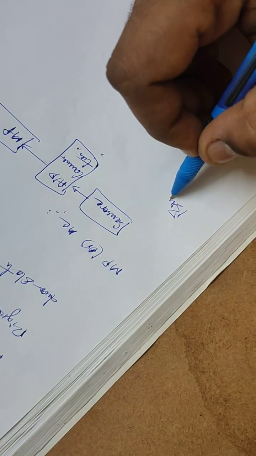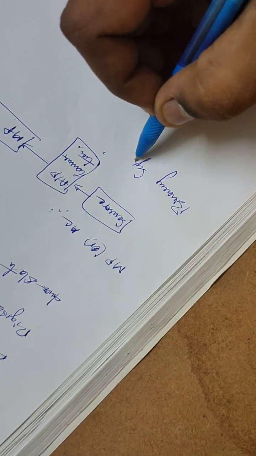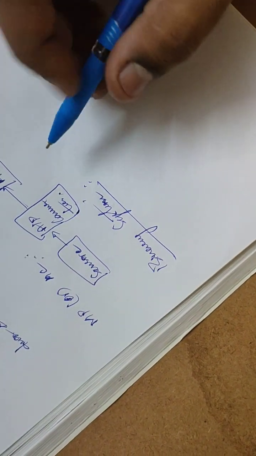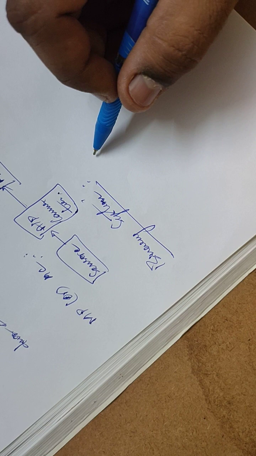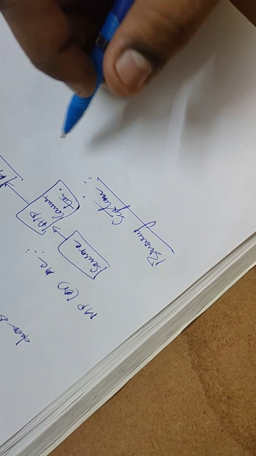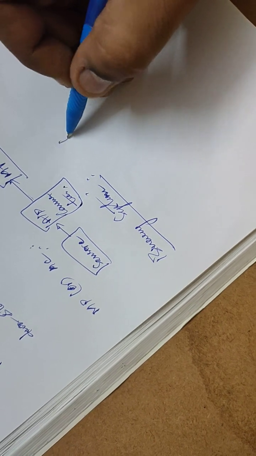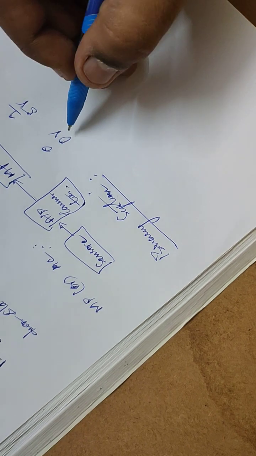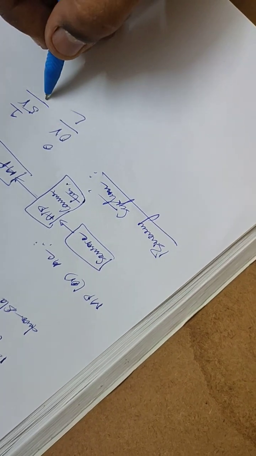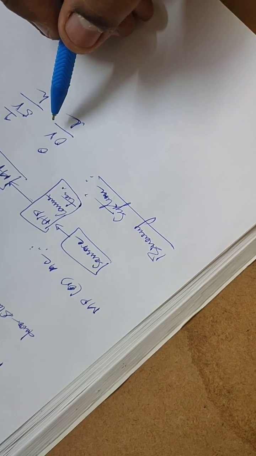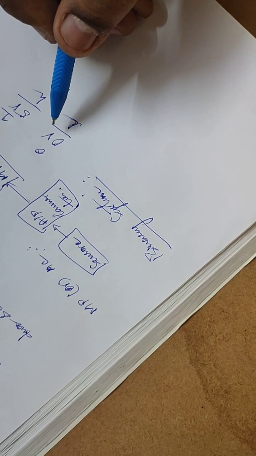Now we talk about the binary system. It is based on two symbols or states, 0 and 1. There can be 0 volts for 0, and 5 volts for 1. Let's say this is low, this is high. So 0 and 1 are termed binary digits or bits.